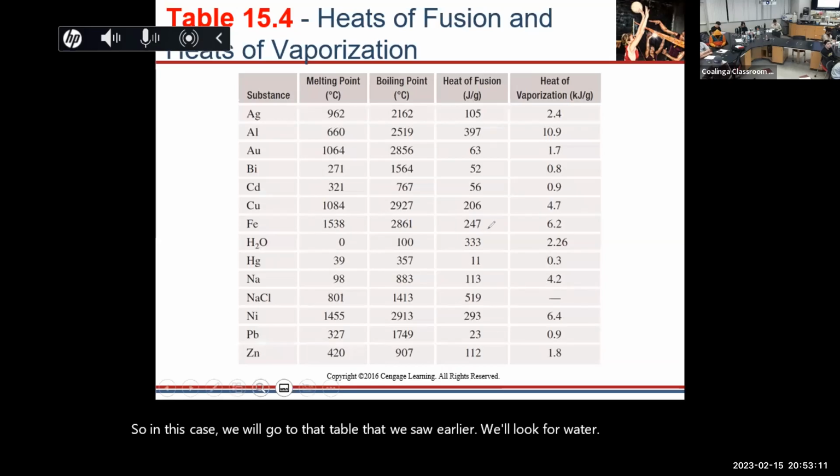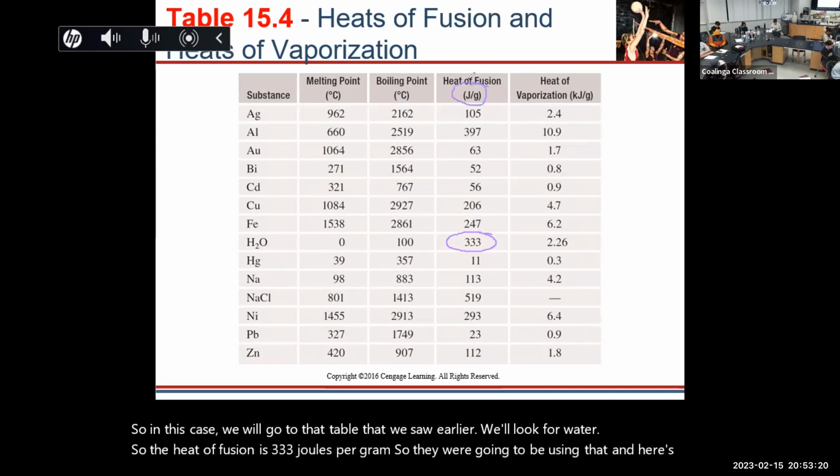Okay, so the heat of fusion is 333 joules per gram. So then we're going to be using that. And here's the units that we're going to be using.